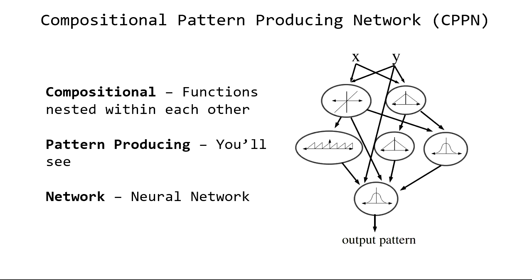These are all really good functions, and some of them are really hard to nest and differentiate within each other, although it is very possible. The reason it's called compositional is because there are functions nested within each other. The reason it's called pattern producing, you'll see on the next slide. And the reason it's a network is because it's a neural network that you actually have.